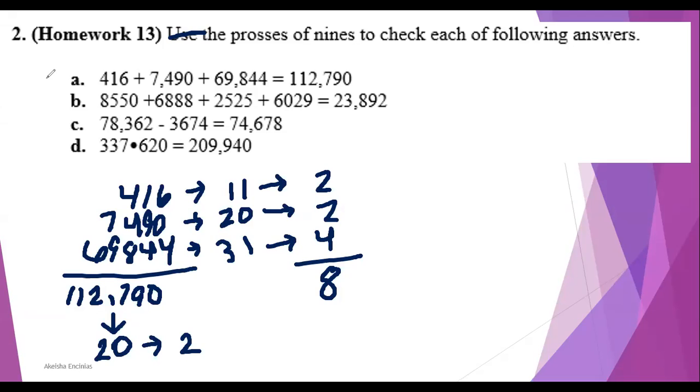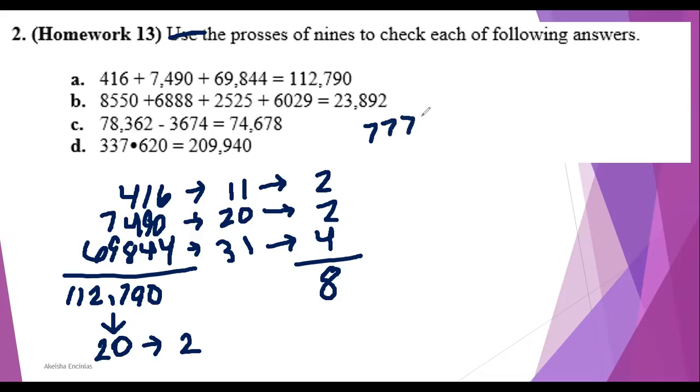So 416 plus 7,490 plus 69,844, and that gives you 77,750. So let's check that just by using the cast out nines.